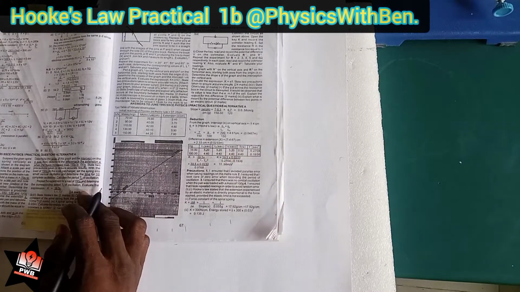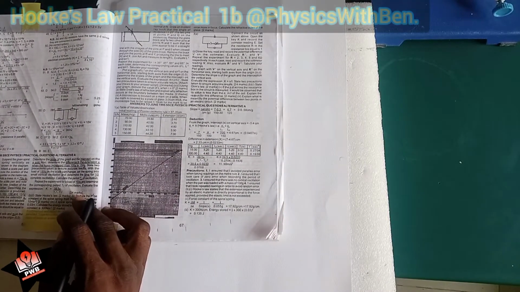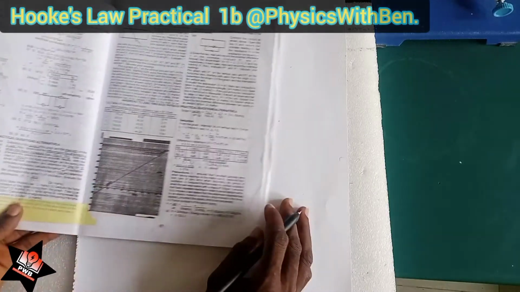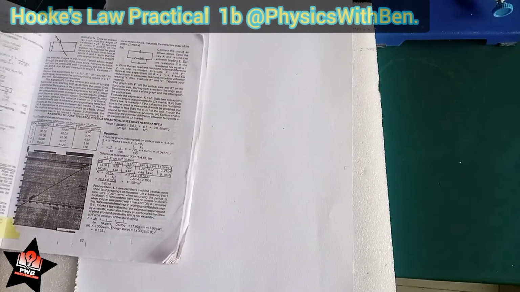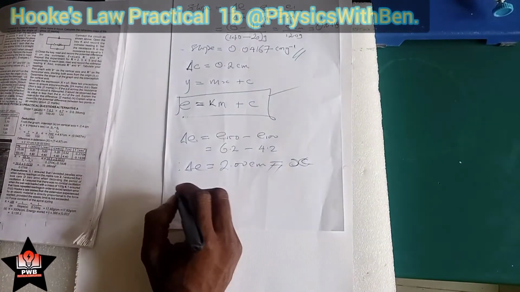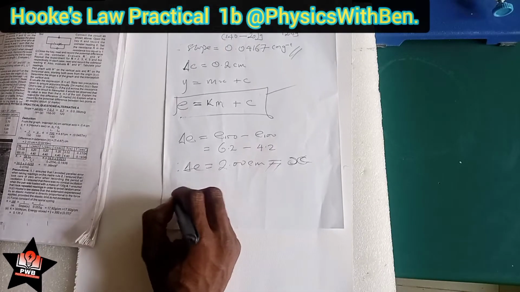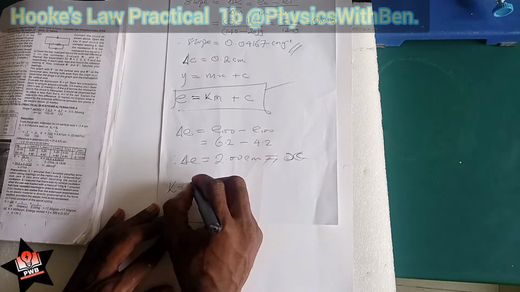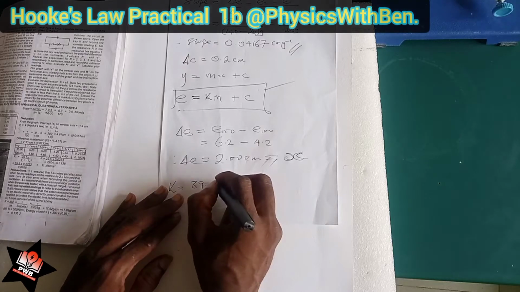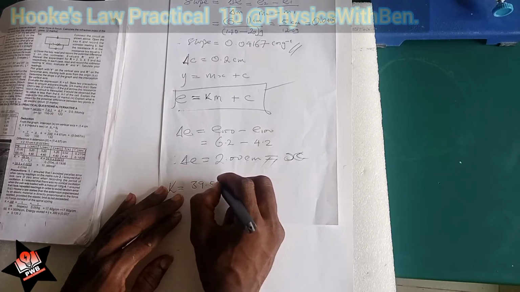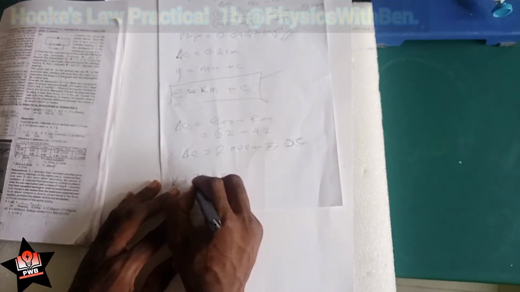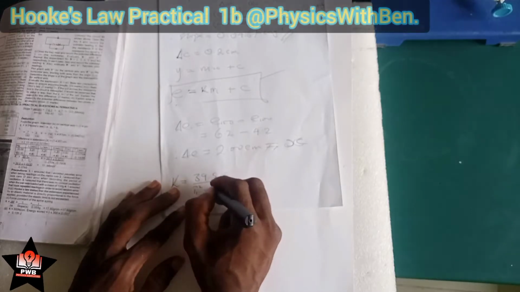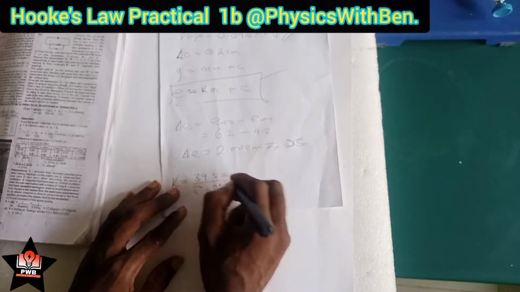They also ask us to evaluate K. Evaluate K is equal to 39.5 times X divided by T1 square minus T2 square.